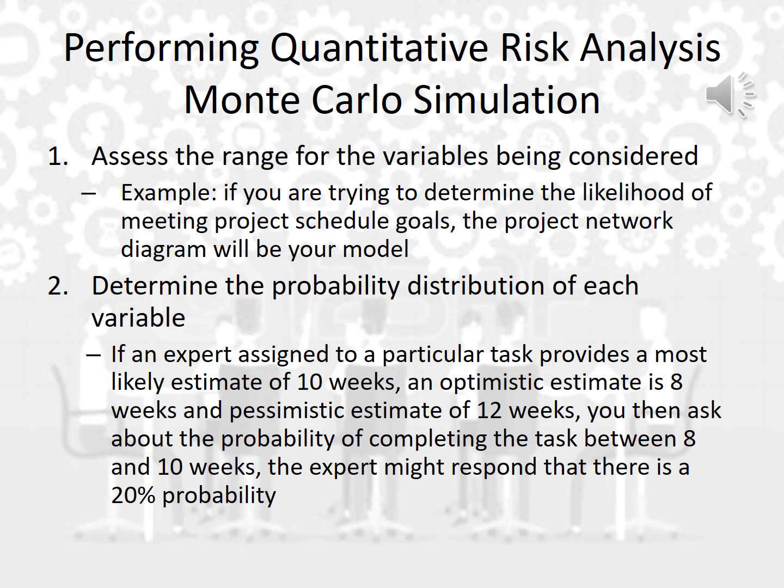If I'm optimistic, optimistic means متفائل, I can finish it in shorter than 10 weeks. I can finish it in 8. While if I'm pessimistic, متشائم, I'll do it in more than 10 weeks. I'll do it in 12. So here, you then ask about the probability of completing that task between most likely and the optimistic, or between 10 and 12 weeks.